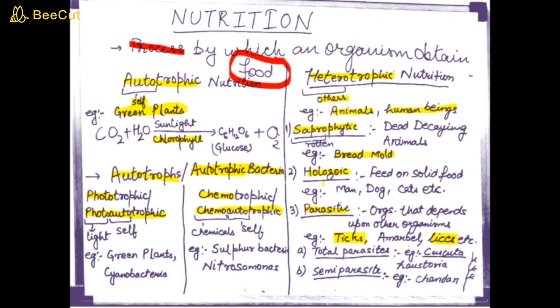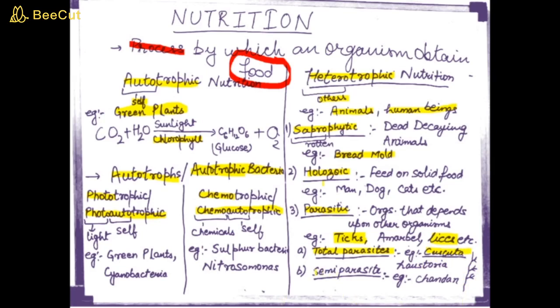There are then two types of parasites. One is total parasites that completely depend upon the other organism, for example, amarbel or cuscuta. The cuscuta or amarbel is a stem-like plant that depends upon other plants for its nutrition.